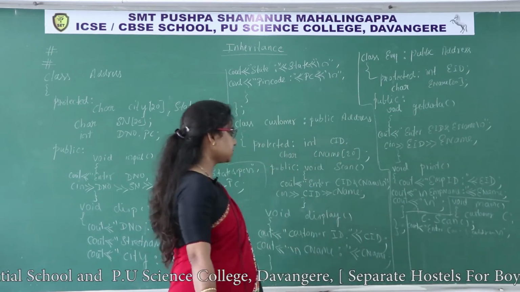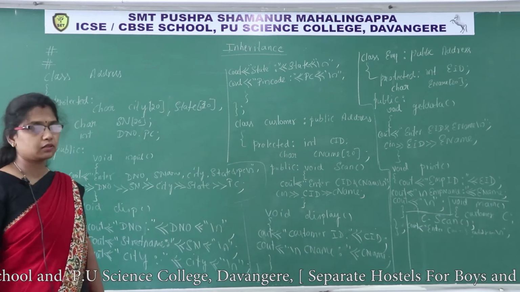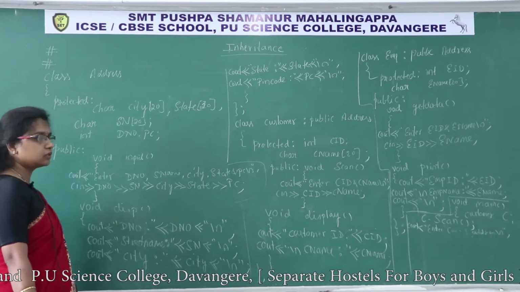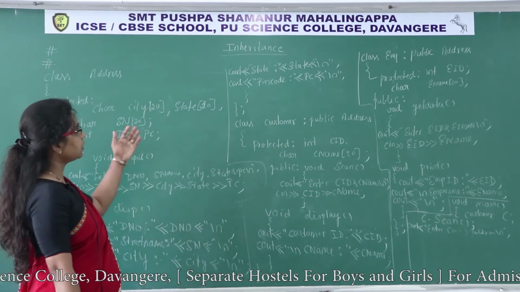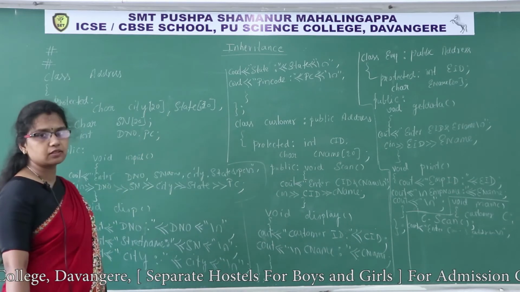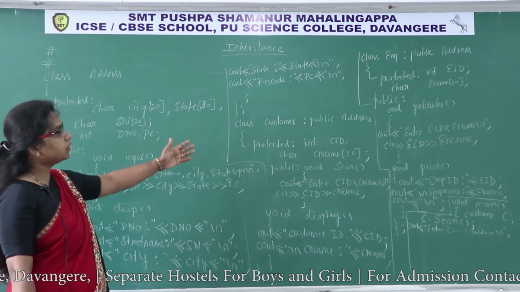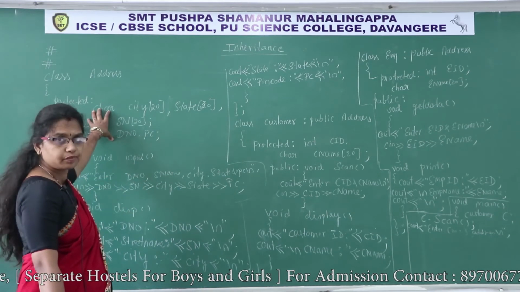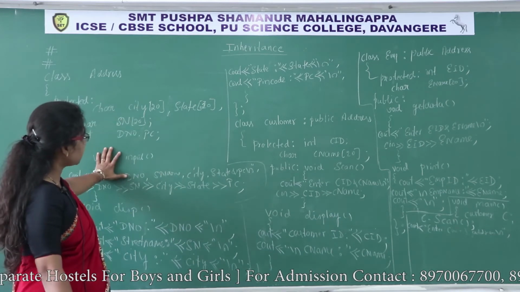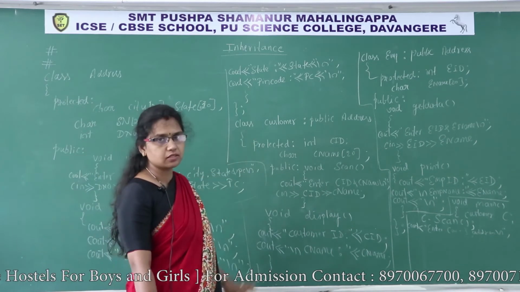So in order to read the address, there is a function called input. This function belongs to class address. So we have done hierarchical inheritance in this program. The customer and employee are subclasses of address, so the members of the address class are inherited to both classes.